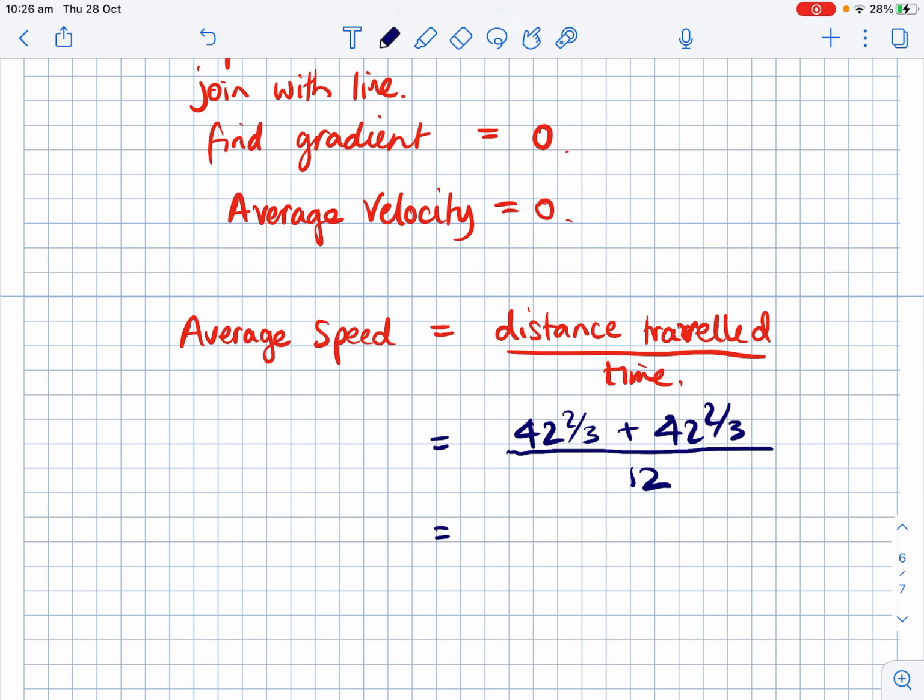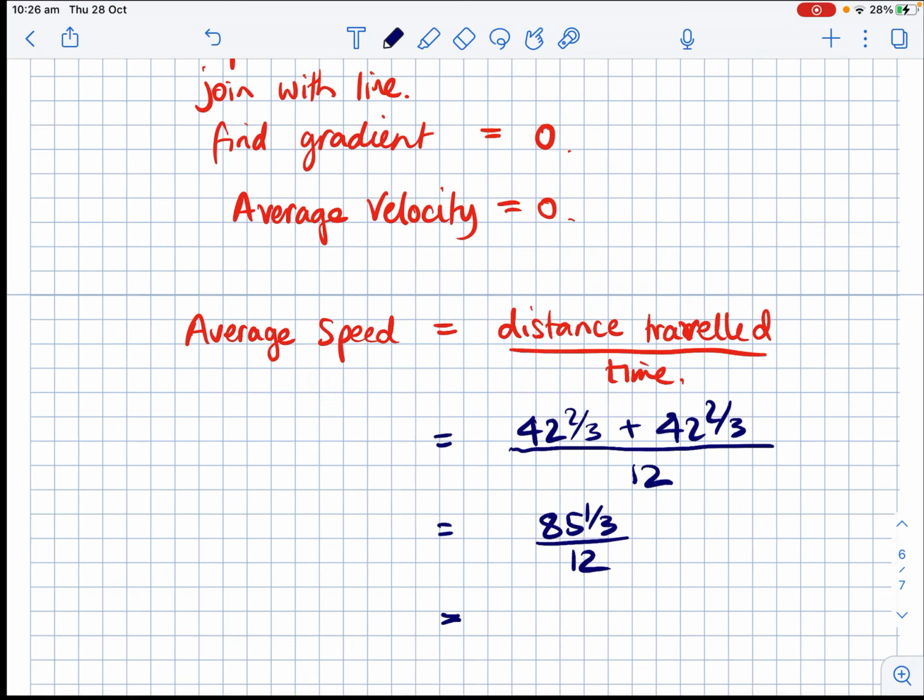To find the average speed, I need the distance travelled divided by the time. And my distance travelled is not the same as displacement. The distance travelled here is 85 1/3 divided by 12.